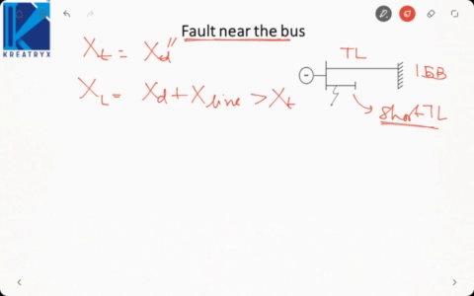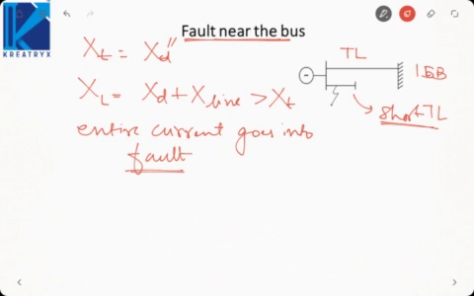So what we will consider is, since we have a low impedance path to the fault, we will consider entire current goes into fault. Okay, that means power transfer to the load becomes 0.